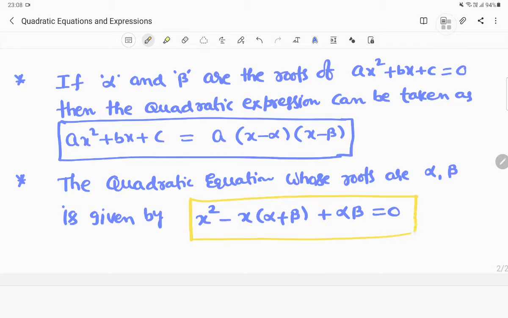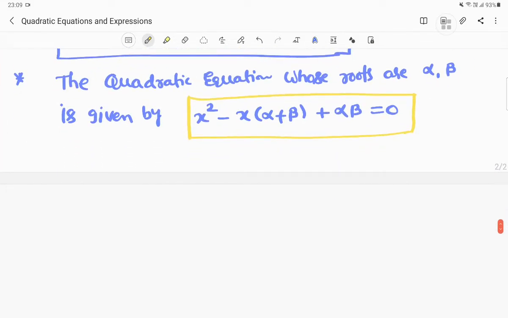So this is the quadratic equation whose roots are alpha and beta. Remember that a quadratic equation cannot have more than two roots. Why? Because quadratic means only two roots we have. It cannot have more than two roots.